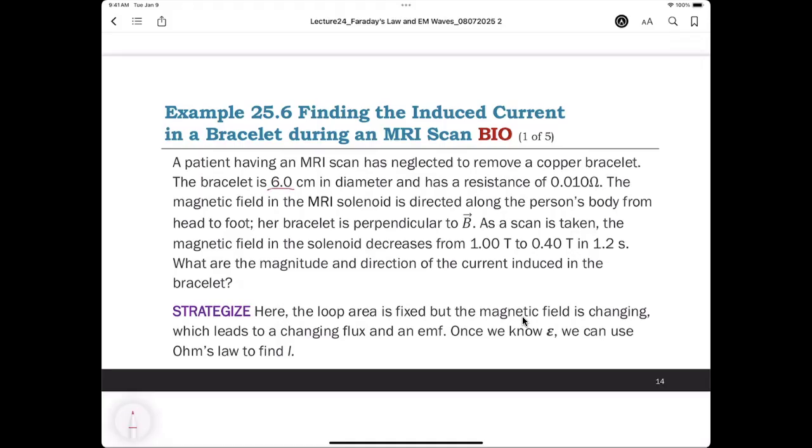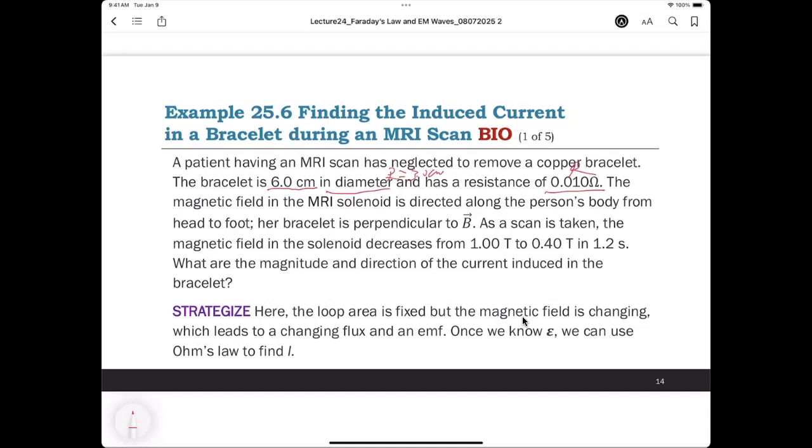That makes sense to you. It is 6 centimeters in diameter, which means the R should equal 3 centimeters, and has a resistance of this one. This is R, and the magnetic field in the MRI solenoid is directed along the person's body from head to foot.